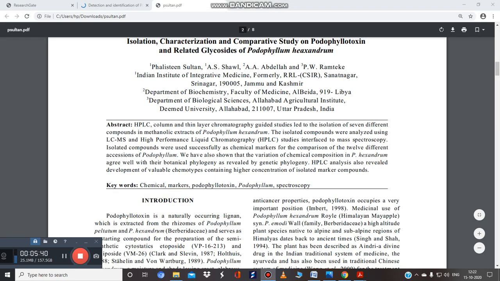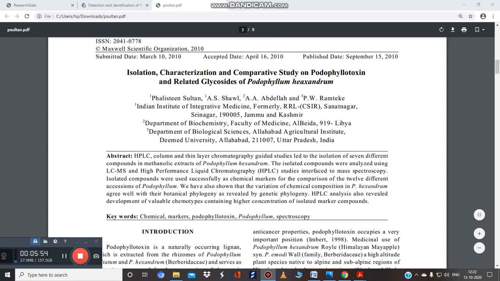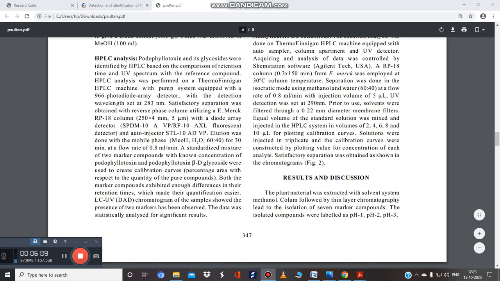There is another article that I found on the internet that is published in the Current Research Journal of Biological Sciences: isolation, characterization and the comparative study of the podophyllotoxin from the plant Podophyllum hexandrum. In this article, published in 2010, the authors also used HPLC for the analysis of the podophyllotoxin, and it was clearly written in the HPLC analysis that they used RP18, meaning carbon-bonded silica, as a reverse phase in the column, and methanol to water 60:40, with the flow rate maintained at 0.8 ml per minute.